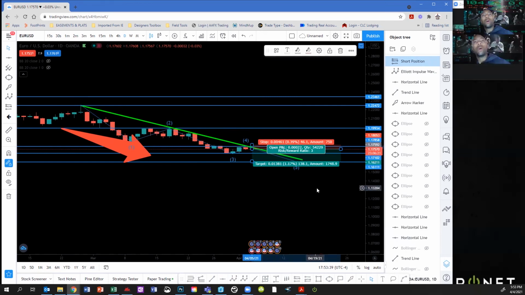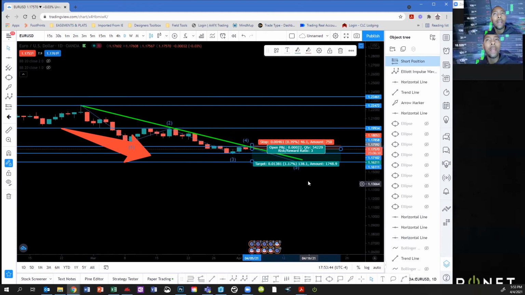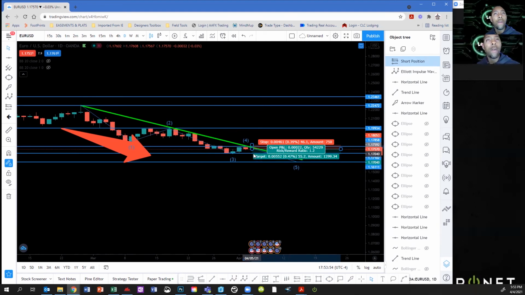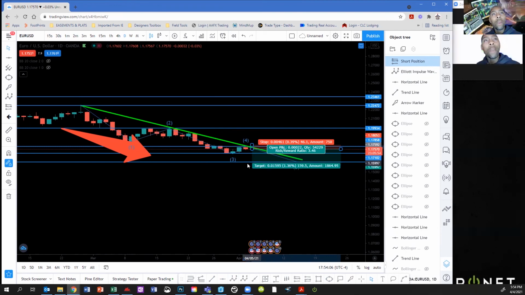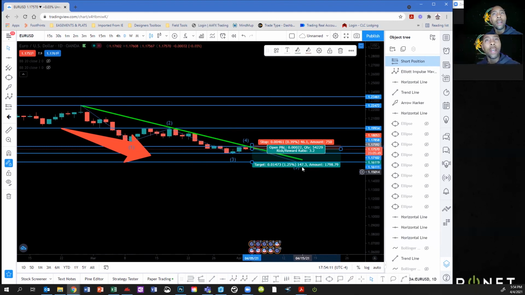All right, so we've got a risk to reward ratio of 3, and we have the potential of earning anywhere between here. If we got out around there, we have the potential of getting about 49 pips. If it drops down to our take profit 2, then we could potentially get about 147 pips total.